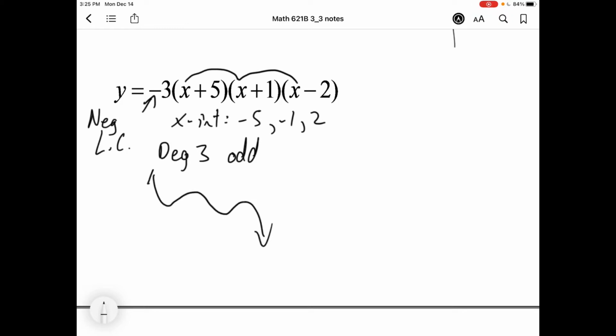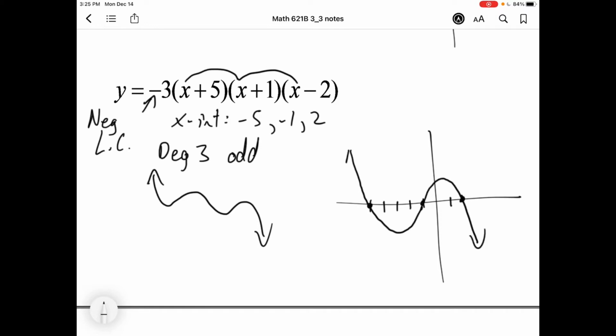It goes from up to down. I could sketch it pretty easily if I had it in this form. There are my x-intercepts. And I'll just give it this basic look. And again, I don't know exactly where its max and min are, but that gives me a general sense of the look of the graph. And again, I could verify that with Desmos.